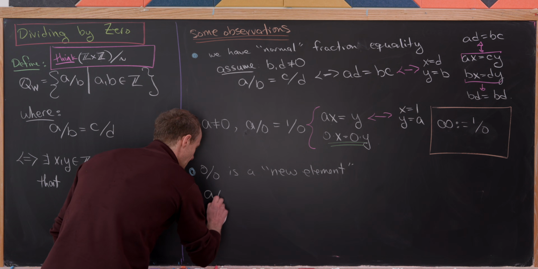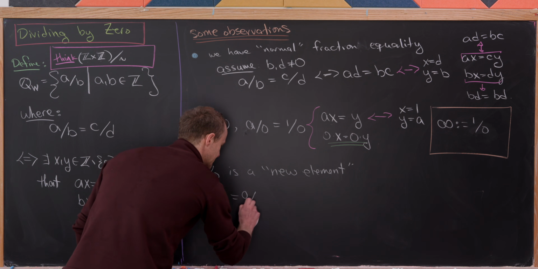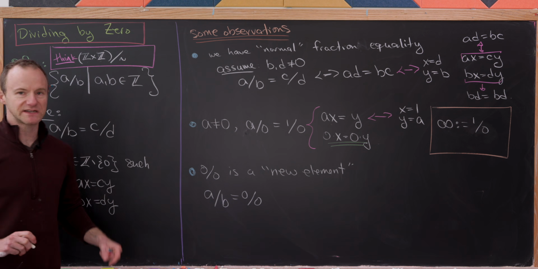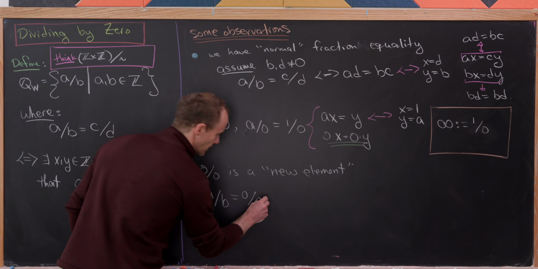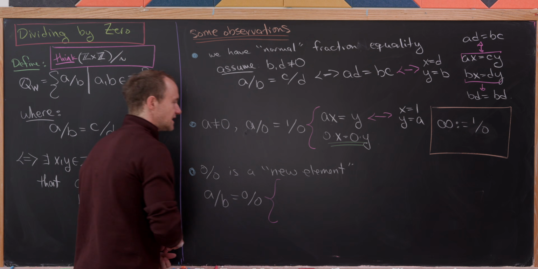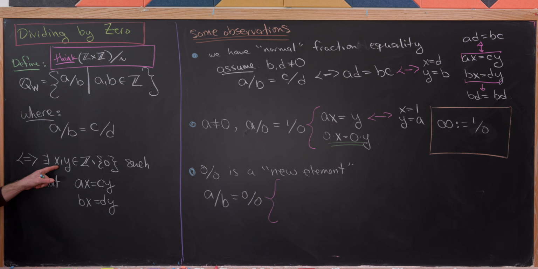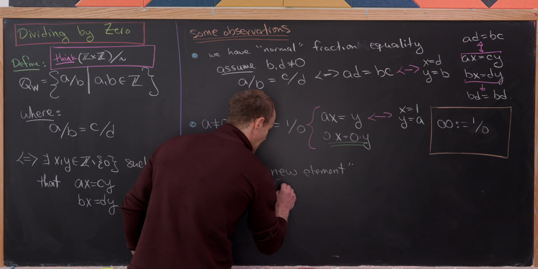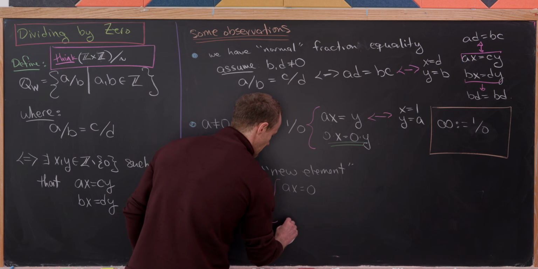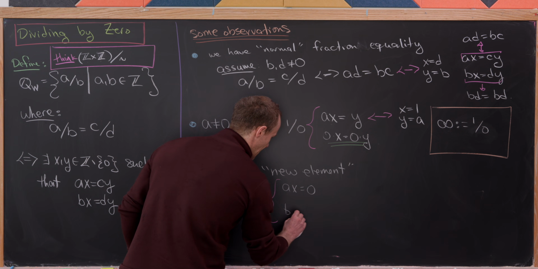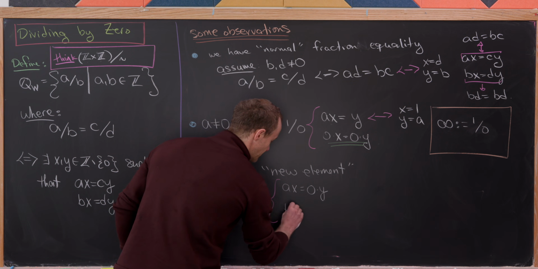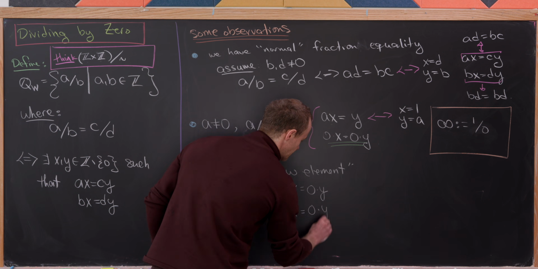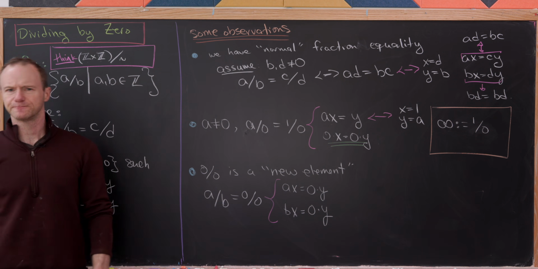So let's take a over b and say it's equal to 0 over 0 and see what it would take for something else to be equivalent to 0 over 0. That means you would need x and y, both non-zero, making this happen. So you would have ax equals 0 times y, and you would have bx also equal to 0 times y.